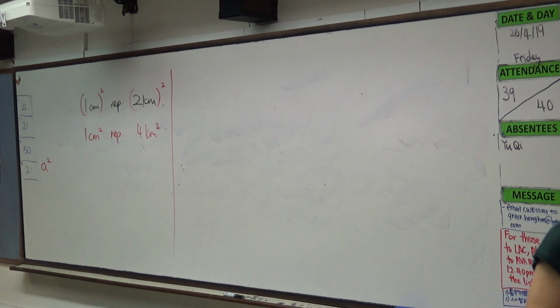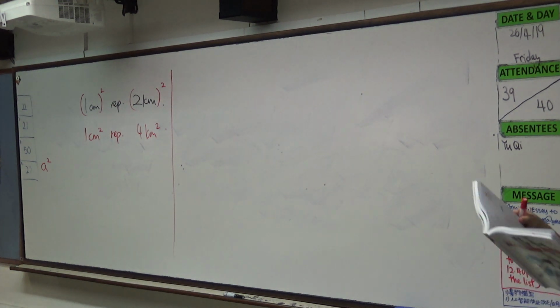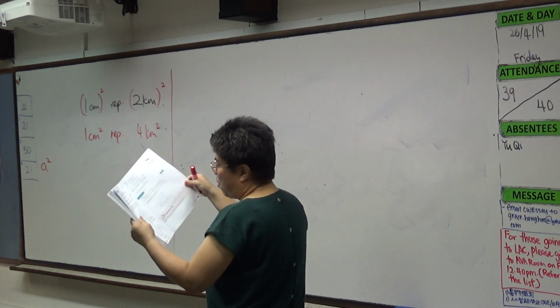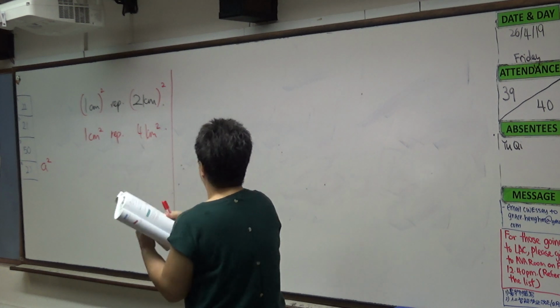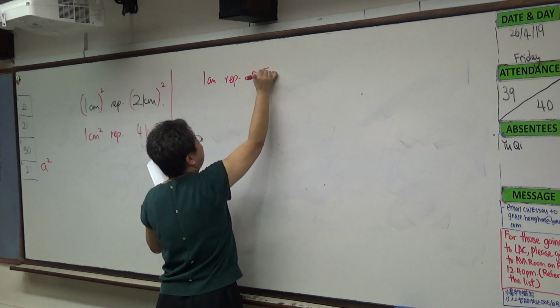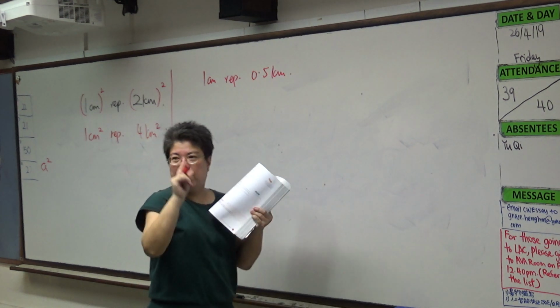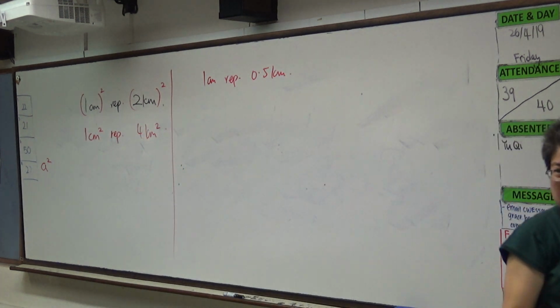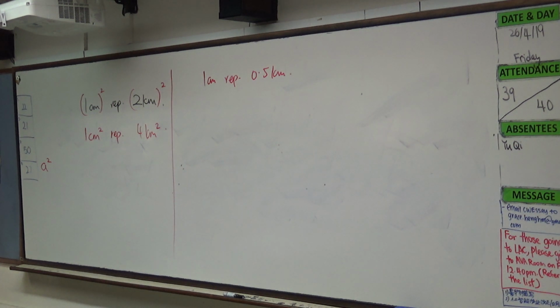A scale of 1 cm to 0.5 kilometers is used for a map. That means 1 cm represents 0.5 kilometer. This is the first thing that you must write down. Everybody okay? Right, now next. If a plot of land has an area of 8 cm square on the map, calculate its actual area.